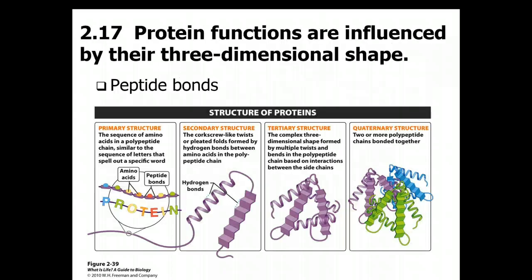So as a result of these peptide bonds, we start linking amino acids together like sidecars, and we have the primary structure, which is the amino acid sequence.